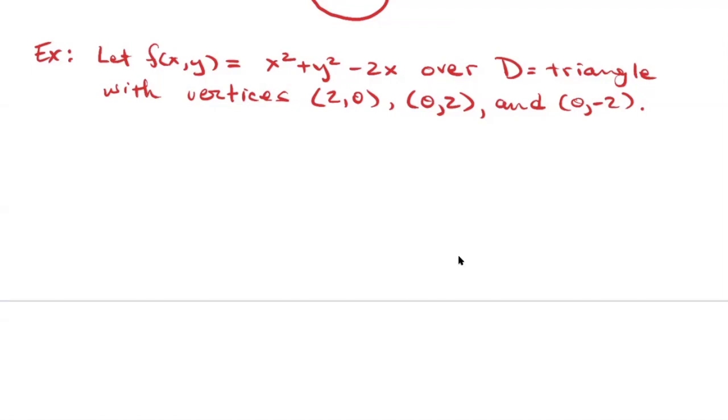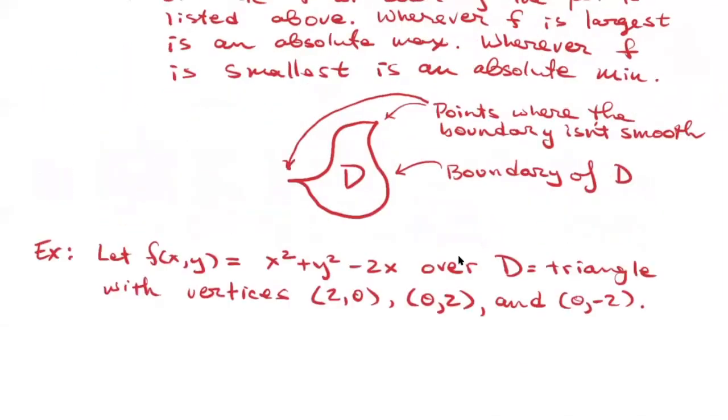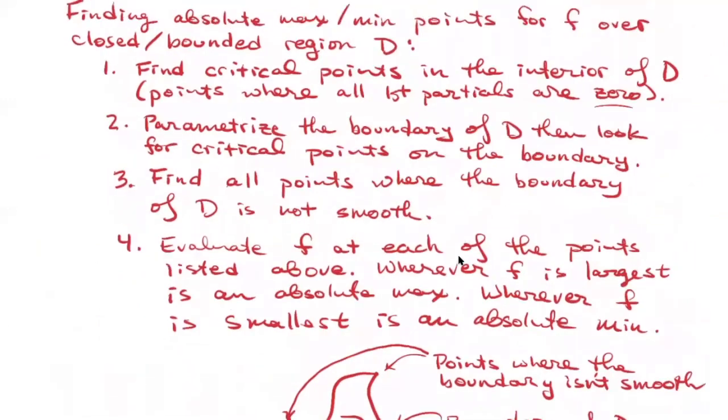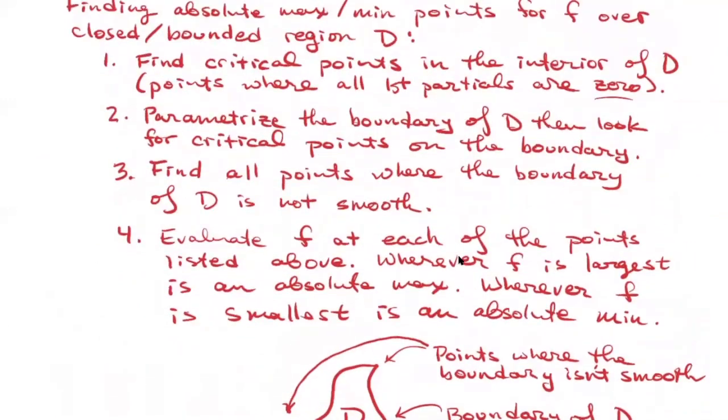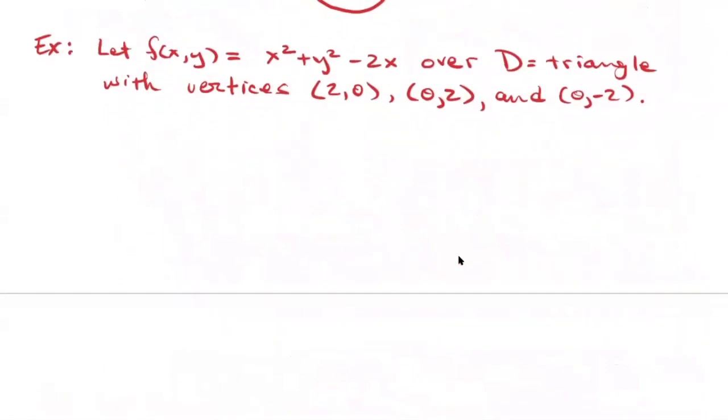All right, so we're going to go through the steps that we outlined up above. The first thing was to find the critical points in the interior where the partial derivatives are 0. So this is step 1. The first partial is 2x minus 2. Set it equal to 0, and of course x is 1 there. Any questions?